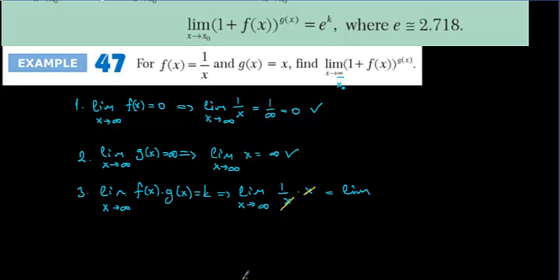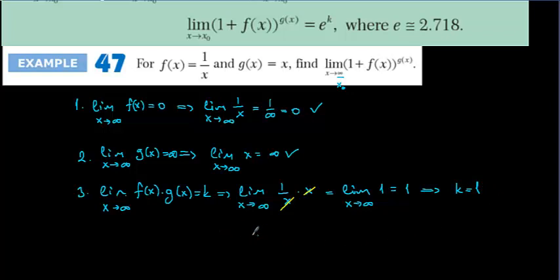The answer is going to be equal to limit x tends to infinity 1, which is equal to 1, because when you have a constant number in the limit, it's going to be that constant. Also, we understood that k is equal to 1 here.